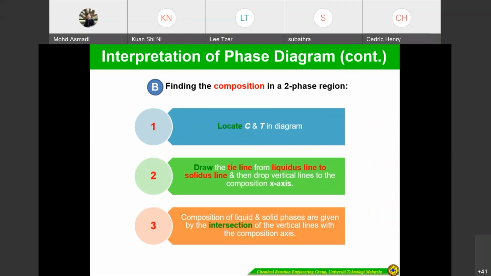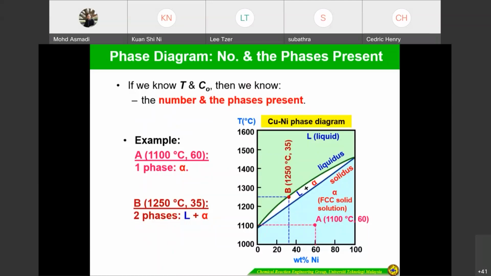Okay, let's see some examples. If you look at the phase diagram, the number and type of phases present can be found if we know the temperature and the initial composition. For A, the initial composition is 60% at 1100 degrees, and this is a solid FCC solution.